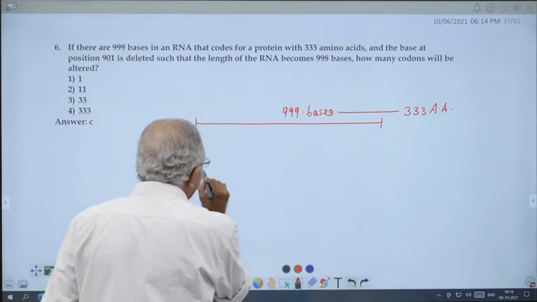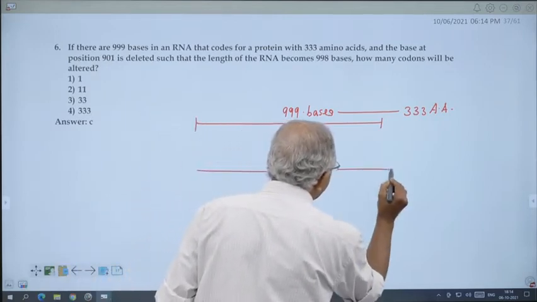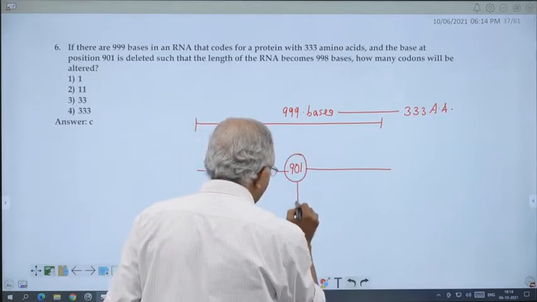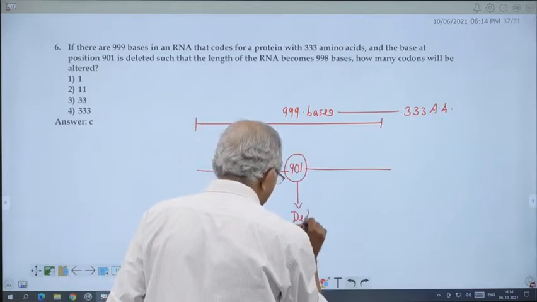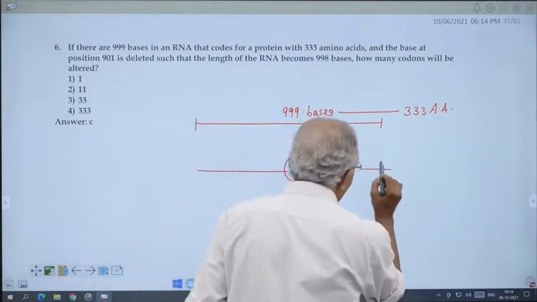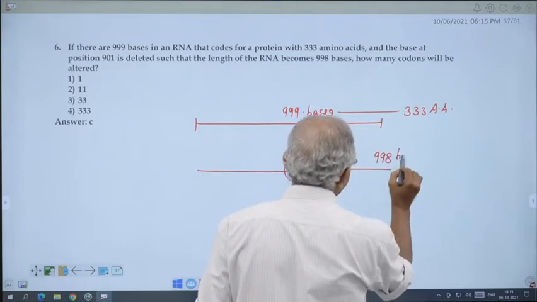But here it says that at 901 position the base is deleted, so there are only 998 bases.